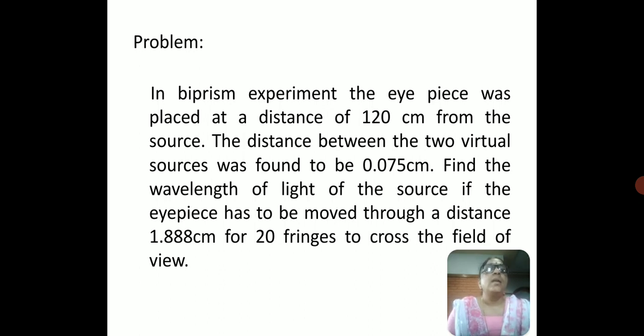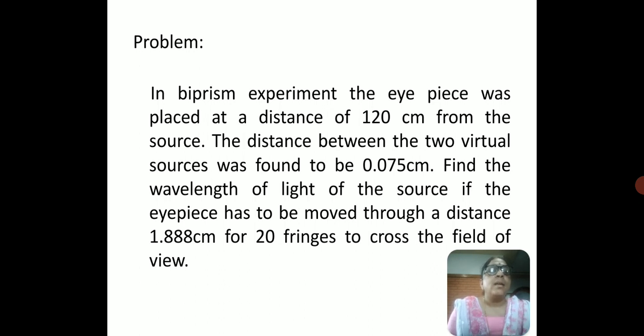So here, what are the given things? The distance, that is capital D, is equal to 120 centimeter, which you then make into meters. Next, the virtual source distance, small d, is equal to 0.075 centimeter.